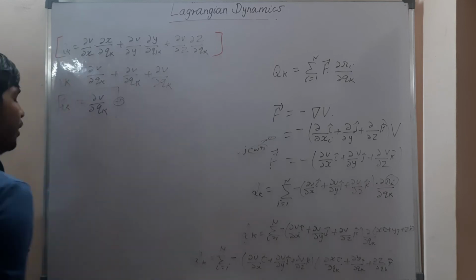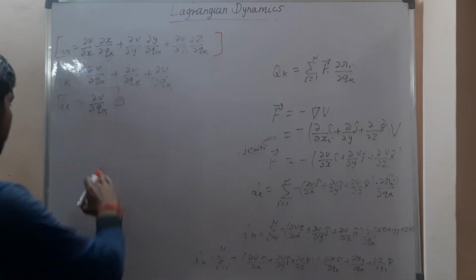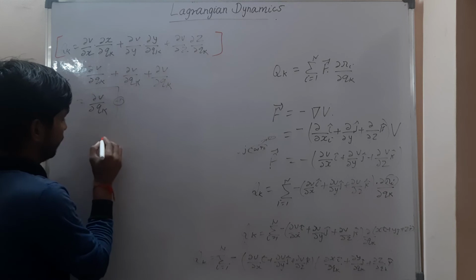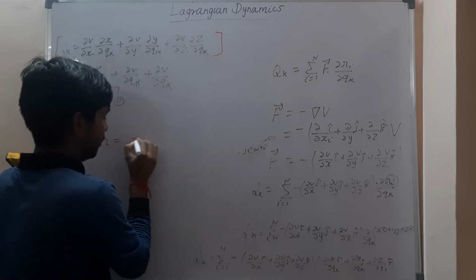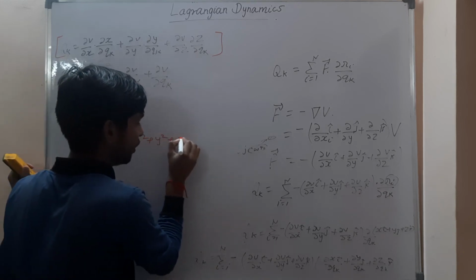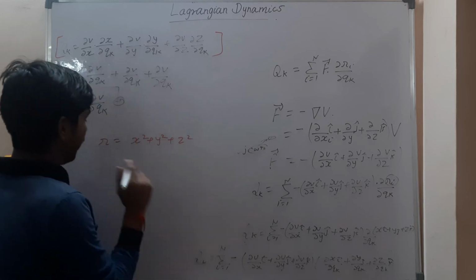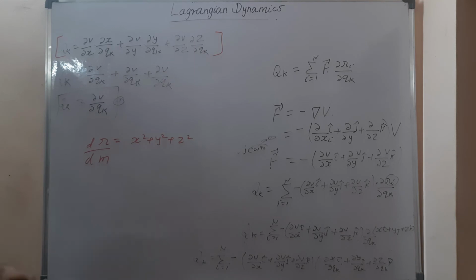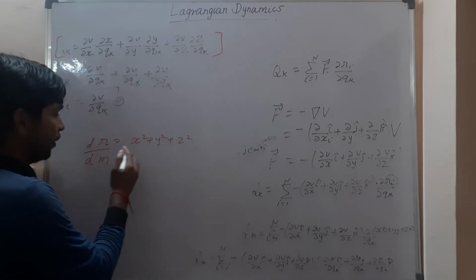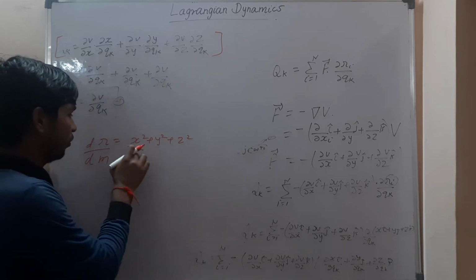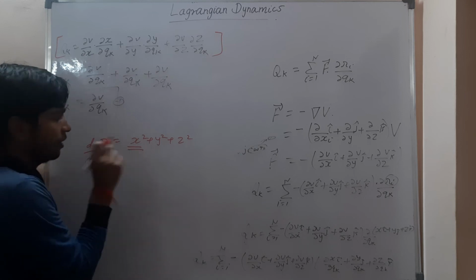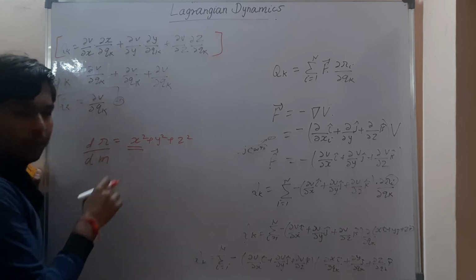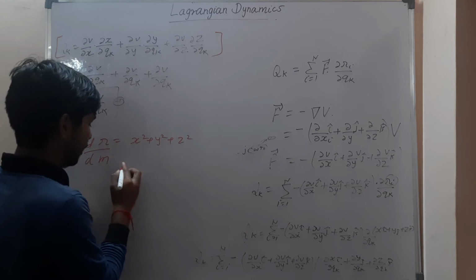Let me write it another way. R is a function of x square plus y square plus z square, and I want to differentiate with respect to m. But this term is not directly differentiable with m, but it is differentiable with respect to x. Means I can write it.